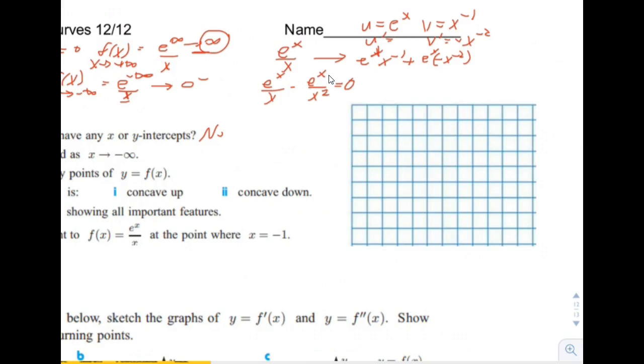So when is this equal to 0? e to the x over x is equal to e to the x divided by x squared. We can cancel out the e to the x's, and then we end up with 1 over x equals 1 over x squared. We can cross multiply. We get x squared equals x, so x equals 1. So yes, there is a critical point, or a stationary point, at x equals 1.